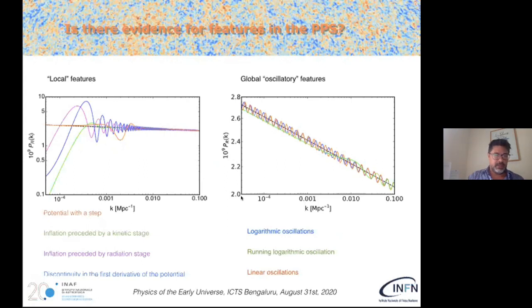So we have updated the search for features in the latest Planck release by considering theoretically motivated templates, which belong to two broad classes: local ones, which aim at fitting outliers at multipoles less than 40, and global models, which have oscillations on all the range of wavelengths probed by Planck.